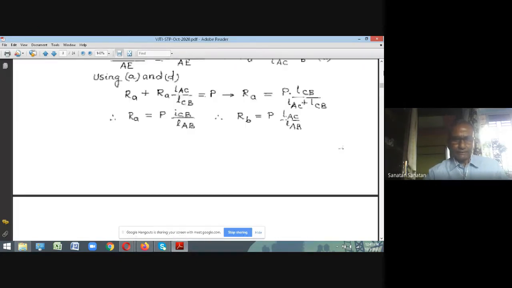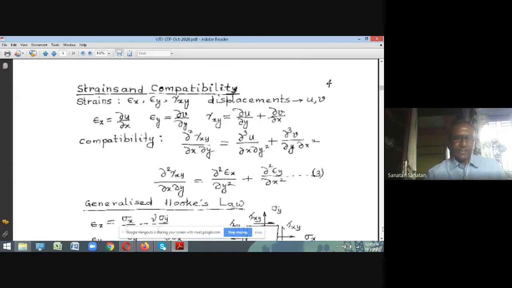So let's now write some of the other things. We'll have to define strains. As we have defined stresses and displacements u and v, I can write them in terms of strains also. There are three strains that occur at a point. Epsilon x, the linear strain in the x direction, is nothing but delta u delta x.